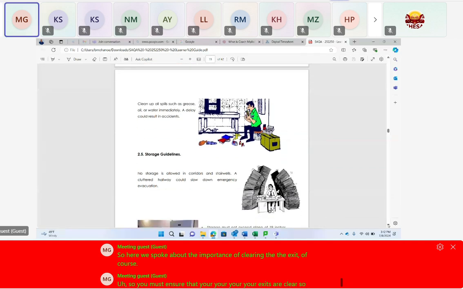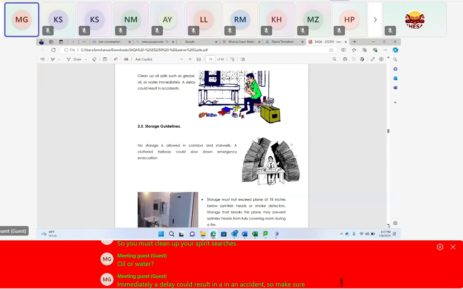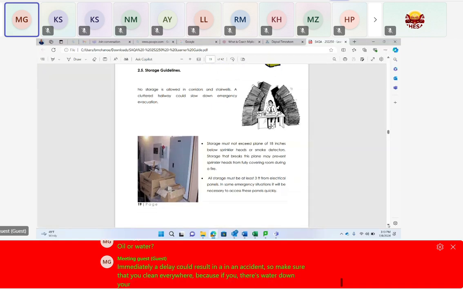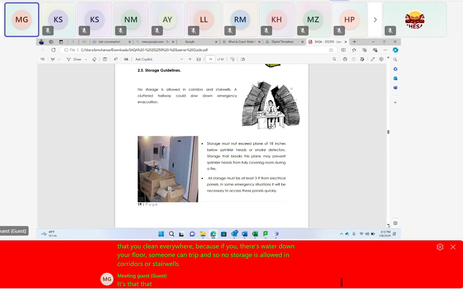You must clean up spills such as grease, oil, or water immediately. A delay could result in an accident. Make sure that you clean everywhere, because if there's water on your floor, someone can trip. No storage is allowed in corridors or stairwells. A cluttered hallway could slow down emergency evacuation.